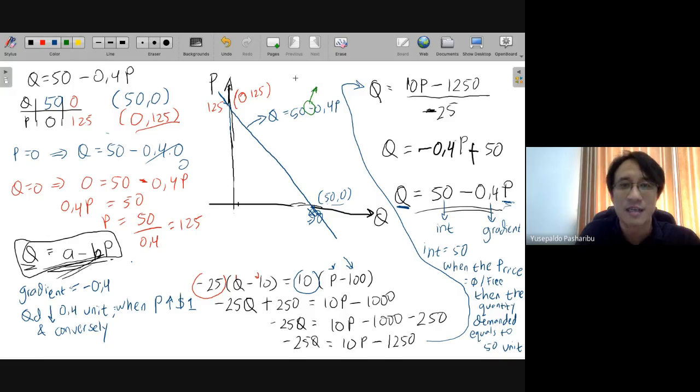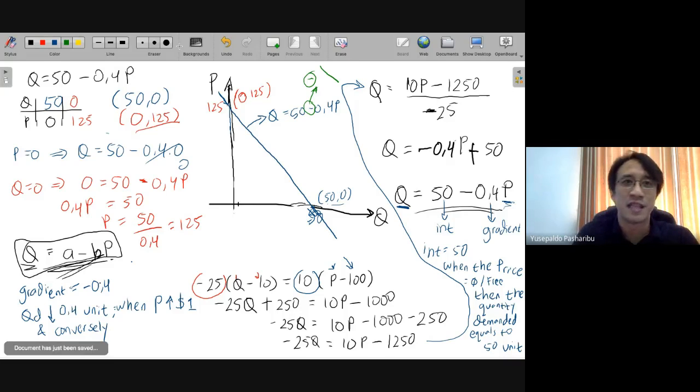If you draw the wrong way, or it goes upward, then you can realize that your graph must be wrong, because this means negative. Negative means downward or goes down.